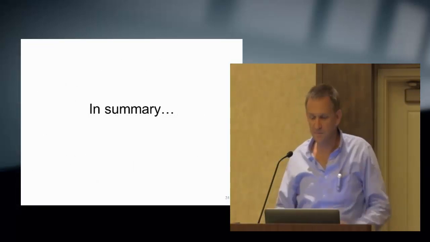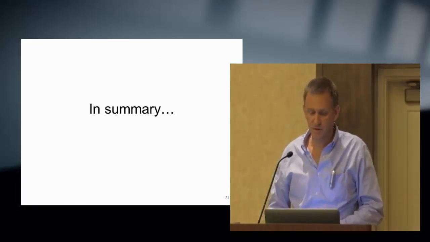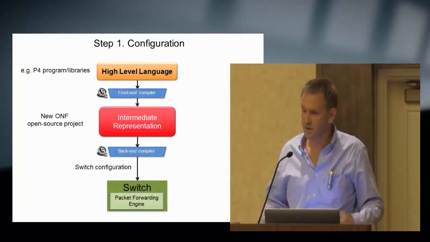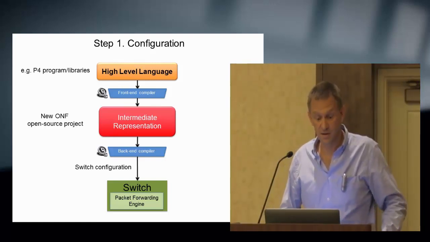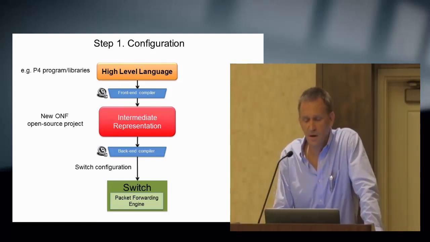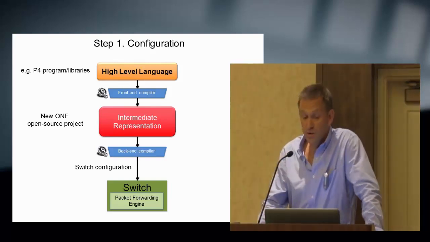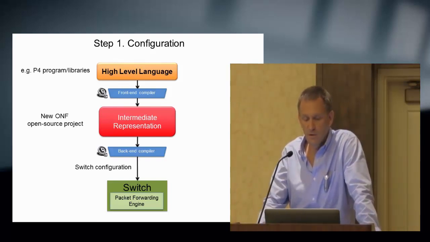So in summary, there are really two steps to think of. One is the configuration process: high-level language, front-end compiler, intermediate representation, then from there through a back-end compiler to the underlying switch. At runtime, one could choose to use, underneath the control plane, the OpenFlow wire protocol.